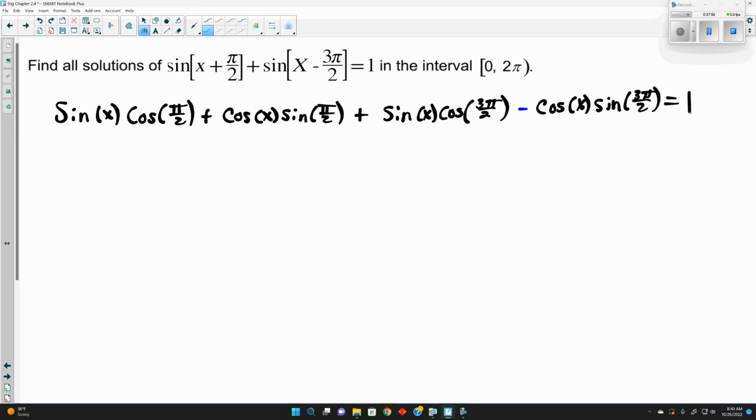I'm going to leave the 1 over there just based off the last one where we ended up with just a single trig function, hoping for the same thing here.